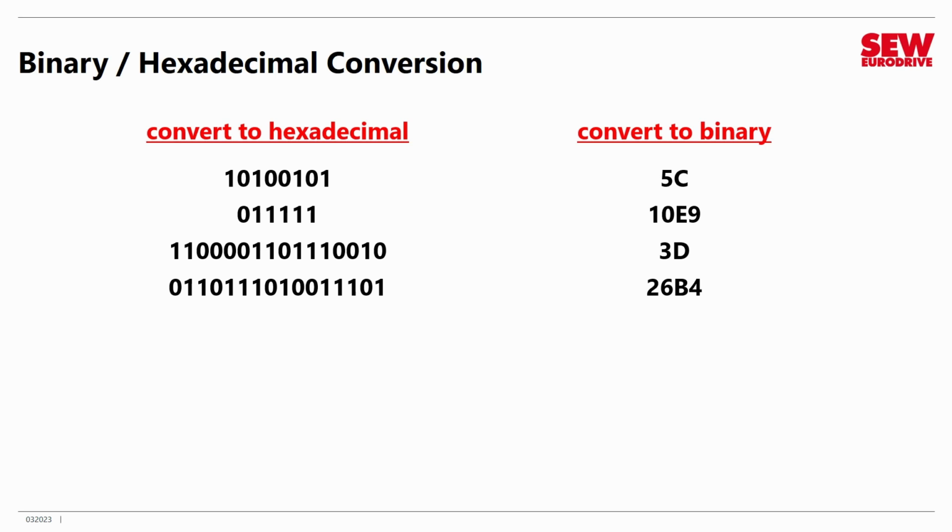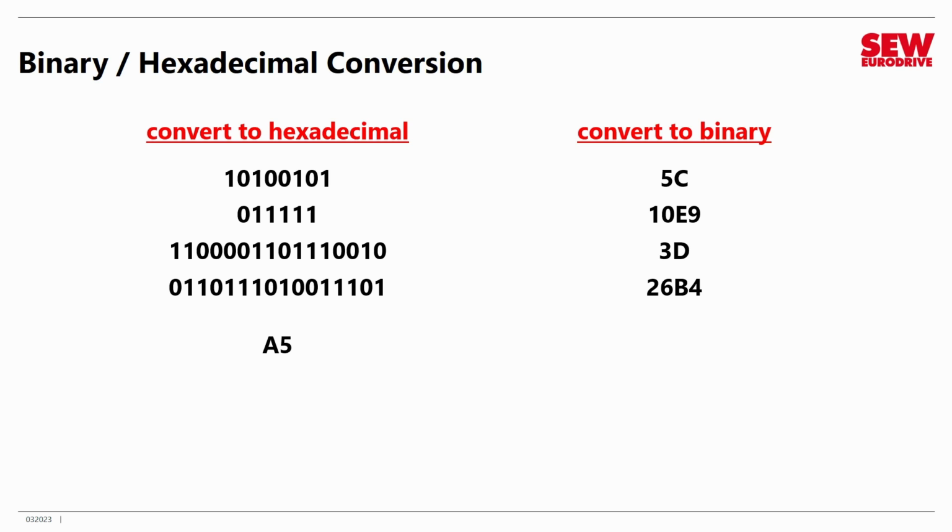I'm going to give you 4 binary numbers to convert to hexadecimal and 4 hexadecimal numbers to convert to binary. So please pause the video and unpause it when you've done your conversion. Okay, let's see how you did.